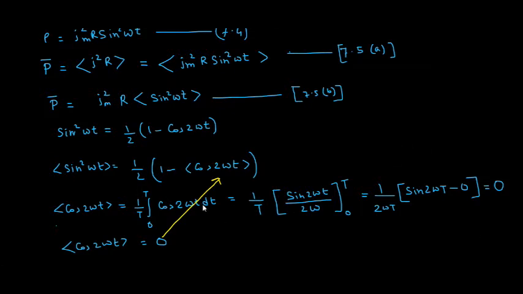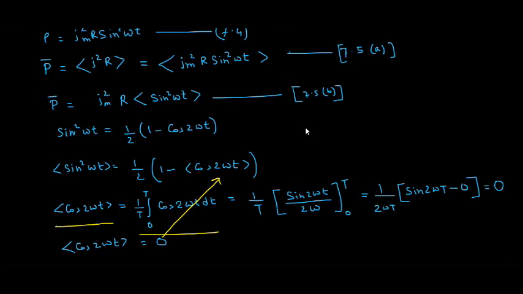Okay, before putting this value, why did we get this value? We have to know why the mean of cos 2 omega t is this.